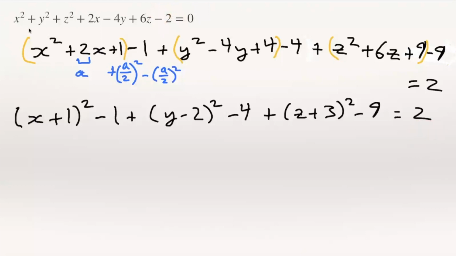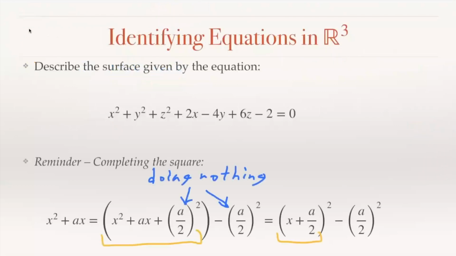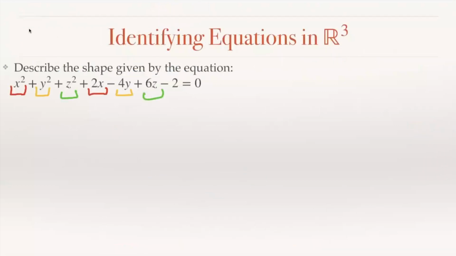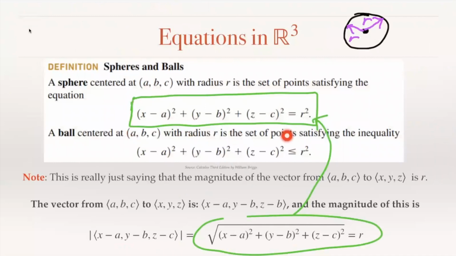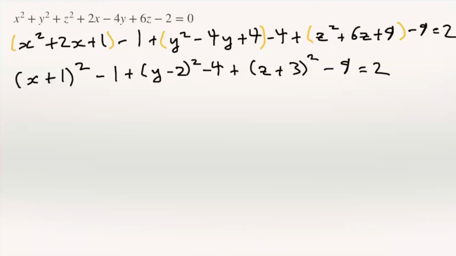And now finally, we'll gather all the constants on the other side, and doing so, we'll get it into our desired form of a sphere, from which we can then identify its center and its radius. So now we want to express this in the given form of a sphere. So let's move the constants to the other side.